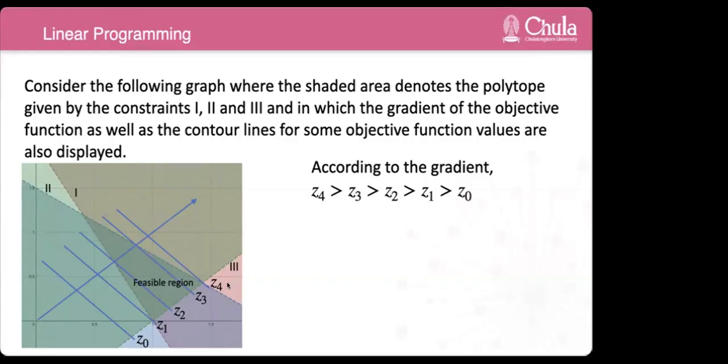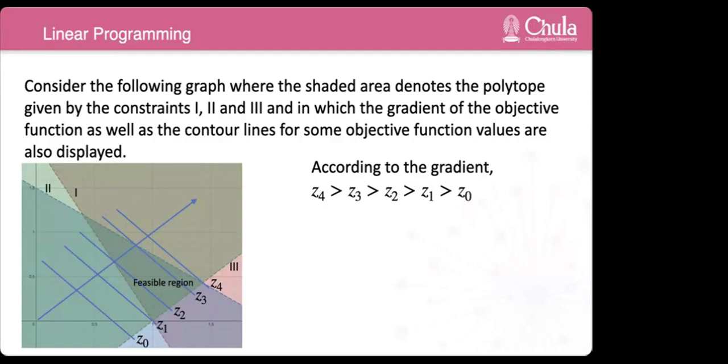And for the third constraint, we consider above this dashed line. So these three constraints form this triangle. All the points in this triangle satisfy constraints 1, 2, and 3.